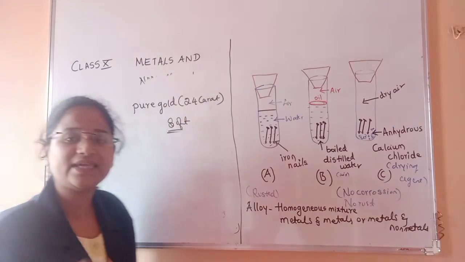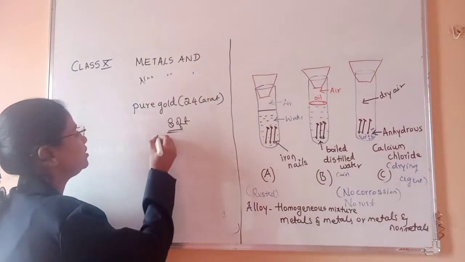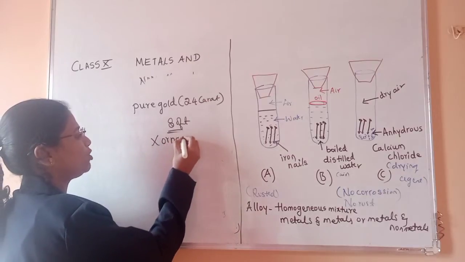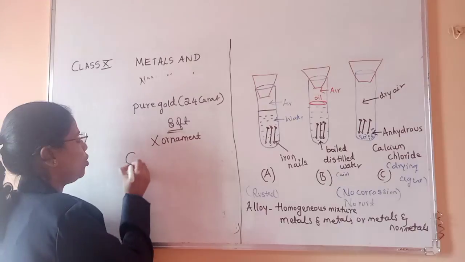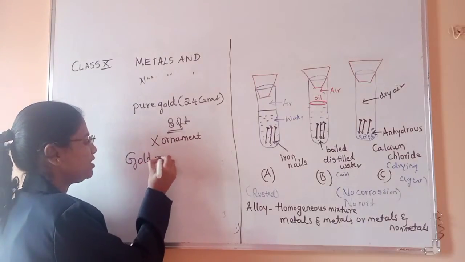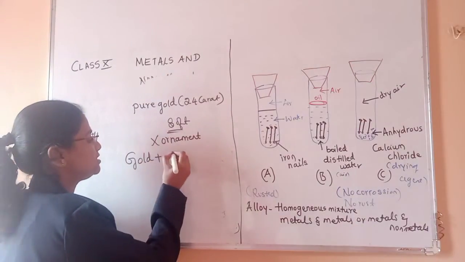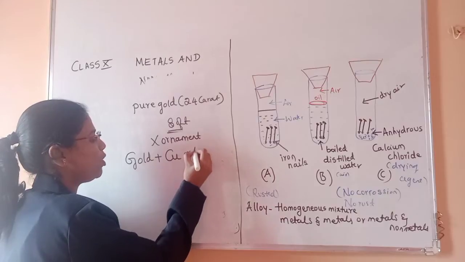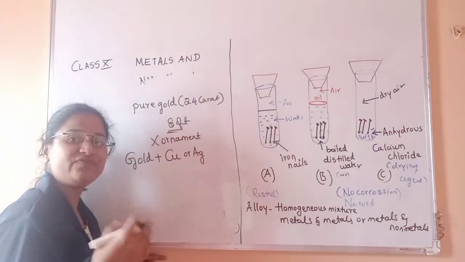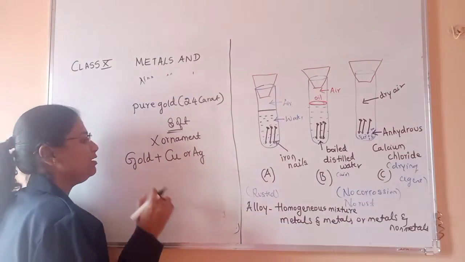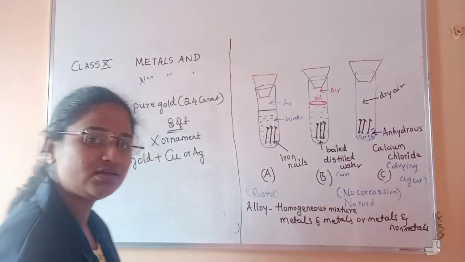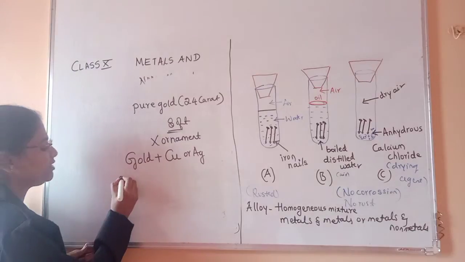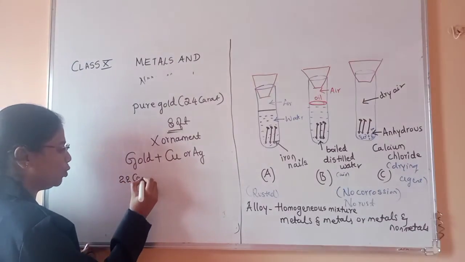You cannot make any ornaments using 24 karat gold. That is why this gold is mixed with a certain amount of copper or silver in a definite proportion.